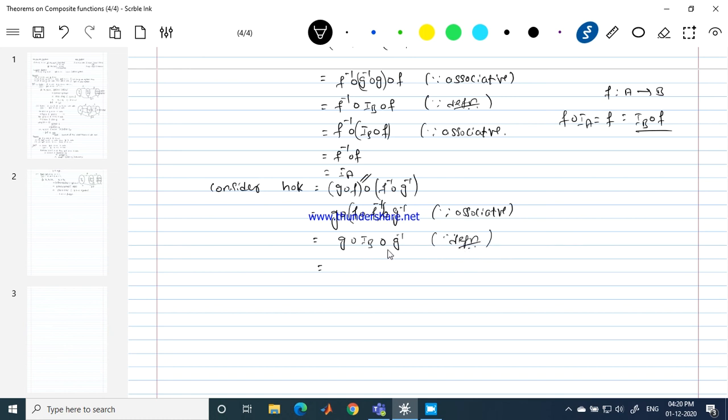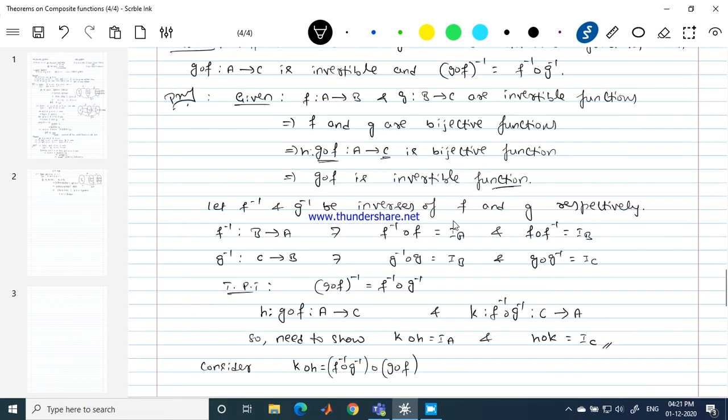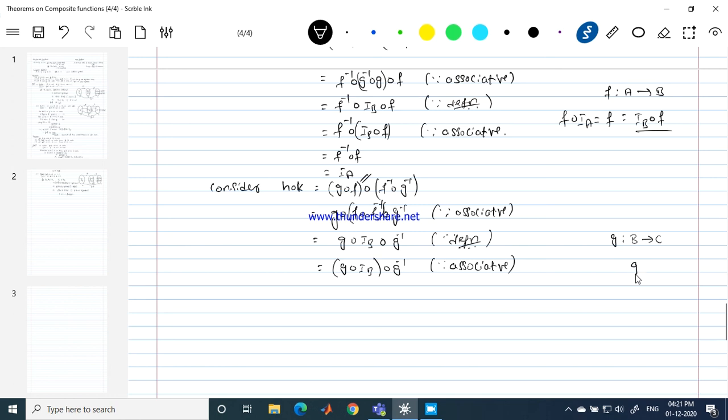Now by combining these two, let me combine this with G itself. This came from associative property again. And since G is a function defined from set B to C, G is equal to IB composition G, and it is also equal to G composition IC.